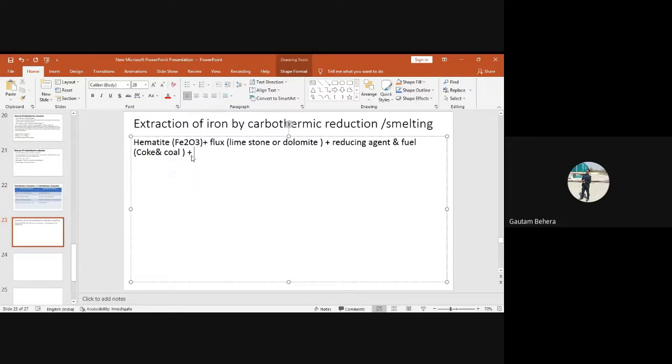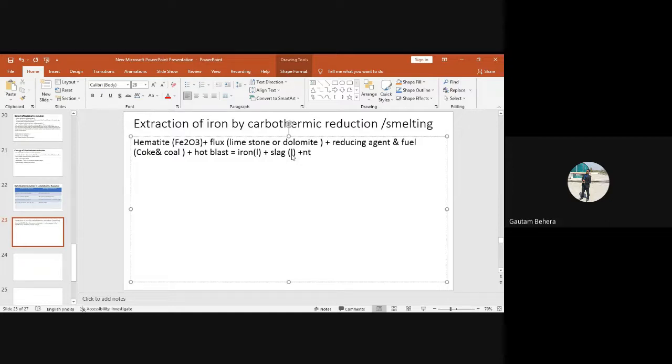Plus, you should remember hot blast, hot air. It will give you iron, Fe, plus slag. This is reduction smelting, so this will be liquid iron, which is also called hot metal. Some people call it pig iron. And slag is also in liquid form.